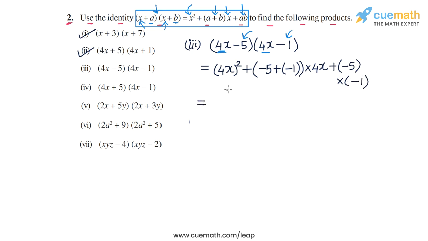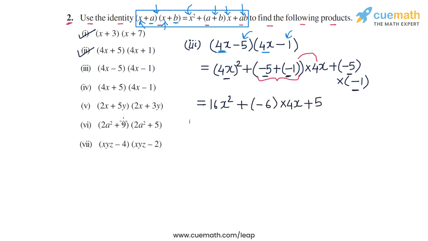Okay, now (4x)² is 16x². Then we have minus 5 plus minus 1, which will be minus 6, minus 6 into 4x. So actually let's write this first. We will get minus 6 inside the bracket, so minus 6 into 4x, and then we have minus 5 into minus 1, which is plus 5.